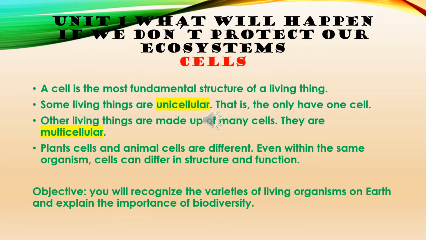Now, plant and animal cells are different. Even when they belong to the same organism, cells can differ in structures and functions. What is going to be the objective of this class? The objective of this class is that you will be able to recognize the varieties of living organisms on air and explain the importance of biodiversity.